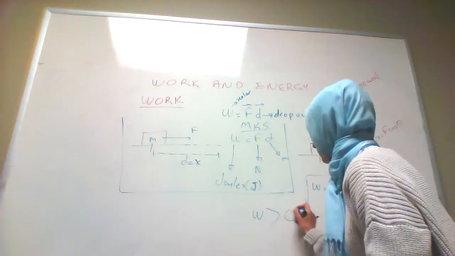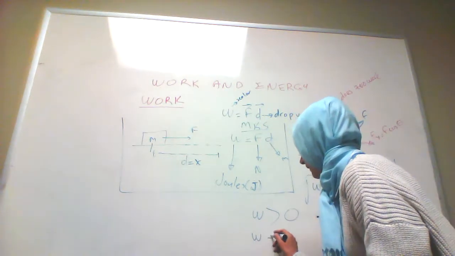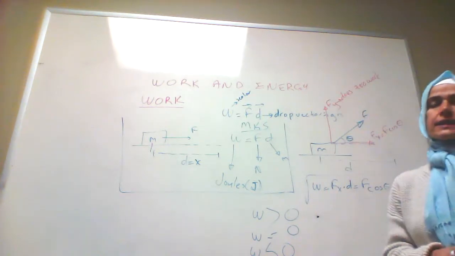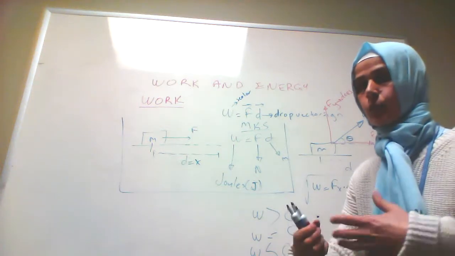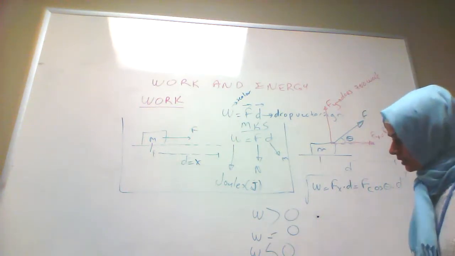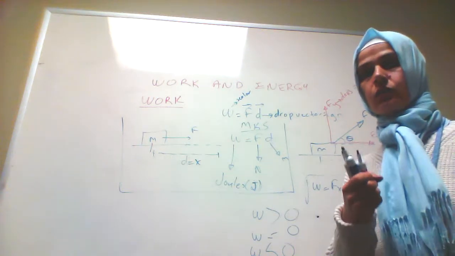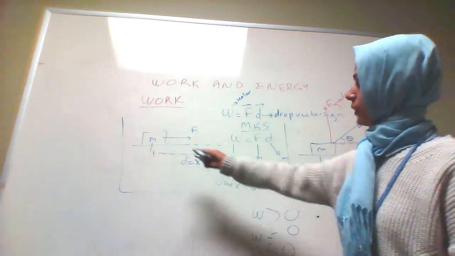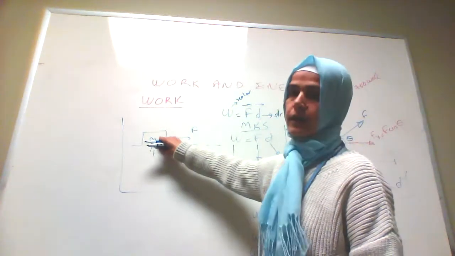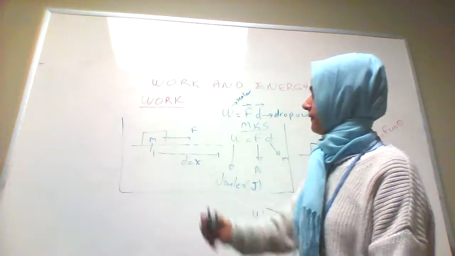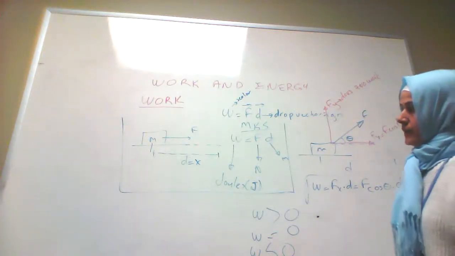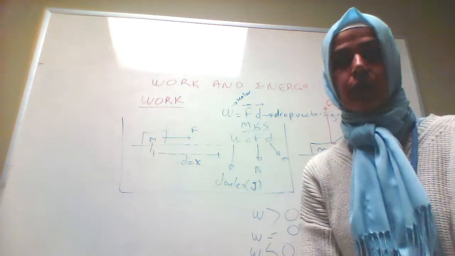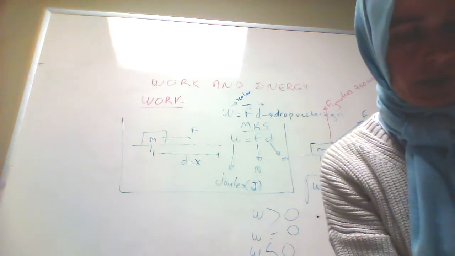So work could be bigger than 0, equal to 0, even it could be smaller than 0, which means if I am considering an object, the work done by this object is smaller than 0 means another object is doing work on this object. Here, for example, what is the work done by M is 0, but what is the work done by F is bigger than 0. This may not make sense now, but it will make sense later on when we learn some more information about energy and work.